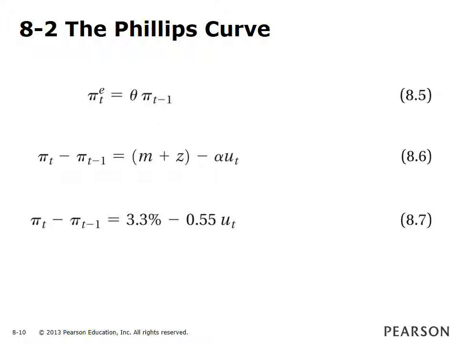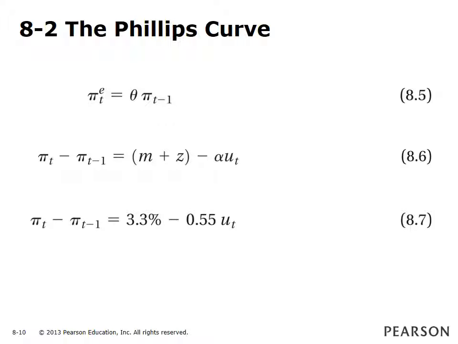The value of theta was 0 during the time period when average inflation was 0, the time period studied by Phillips, Samuelson, and Solow, giving us the original Phillips Curve relation. From 1970 onward, the value of theta increased from 0 to 1, giving us equation 8.6, which shows that the unemployment rate affects not the inflation rate, but rather the change in the inflation rate.